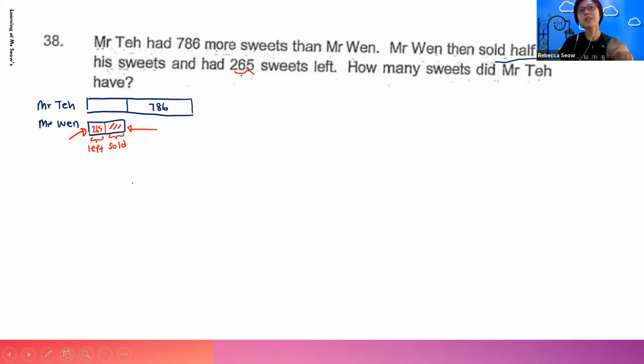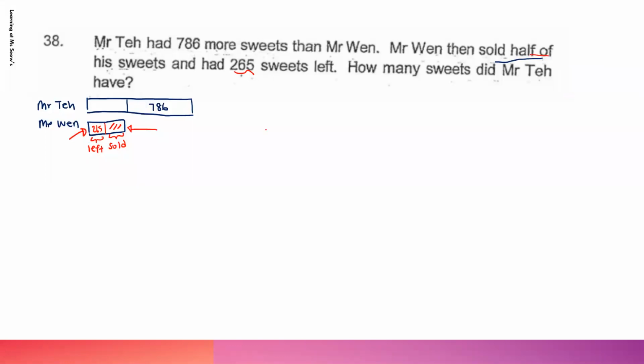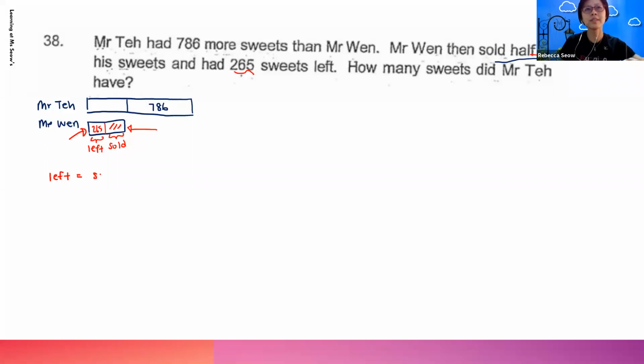In fact, the portion that is sold is also 265, because Mr. Wen sold half of his sweets. If half is sold, the other half is what is left. That means whatever is left equals whatever is sold, and it equals 265. Thanks, Jordan.